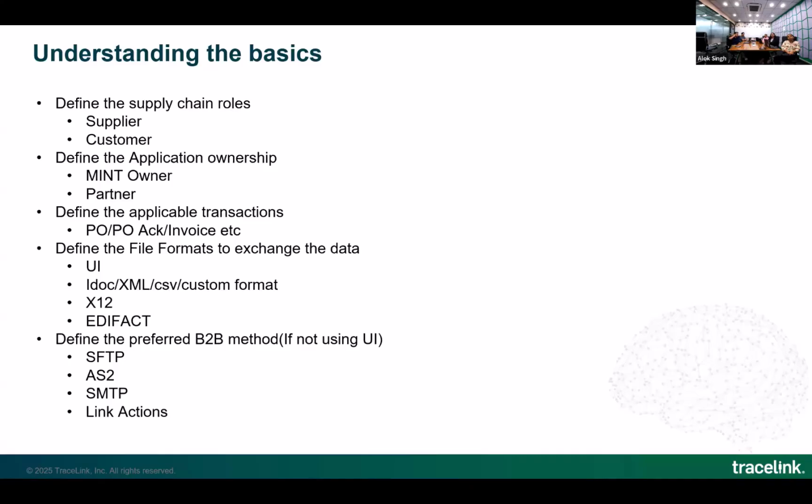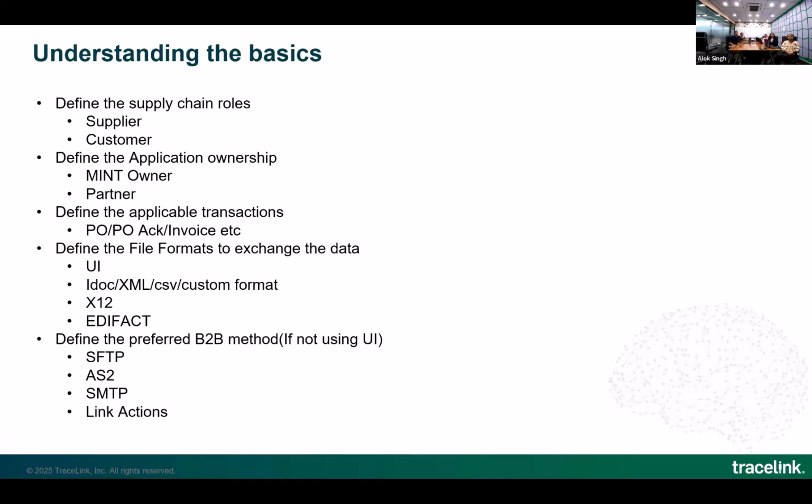So the first thing is defining these supply chain rules. Who is going to act as a customer? Customer is someone who creates an order, who wants some sort of order to be created and to be fulfilled, and supplier is who is going to fulfill those orders for the customers.